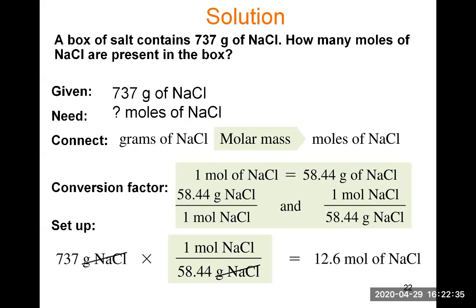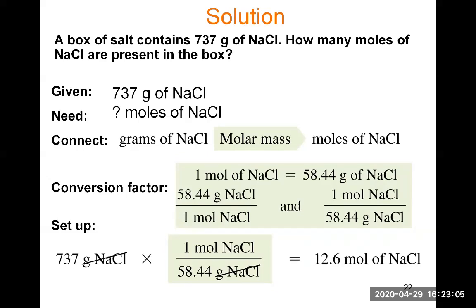So you want to identify, grams of what and moles of what. So 737 grams of NaCl times the conversion factor that has the grams on the bottom and the mole on top. We see that the units of grams of NaCl cancel, and we're left with moles of NaCl, which is what we want.